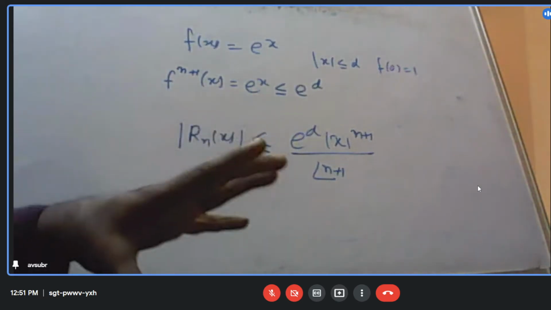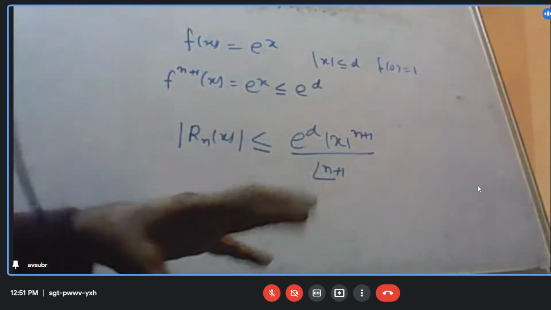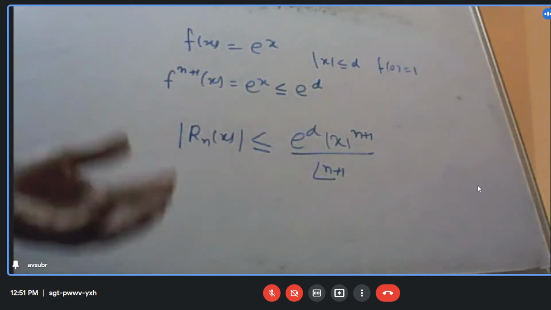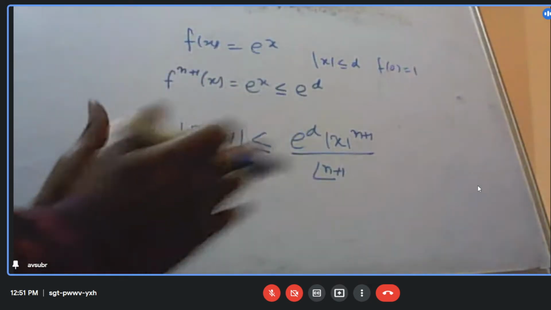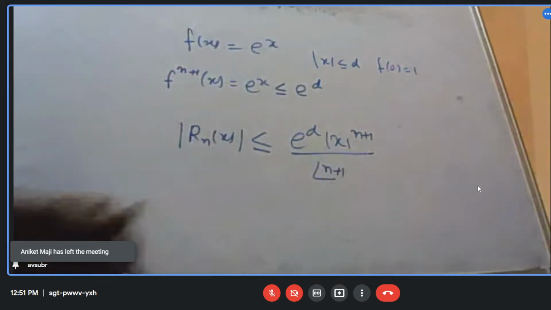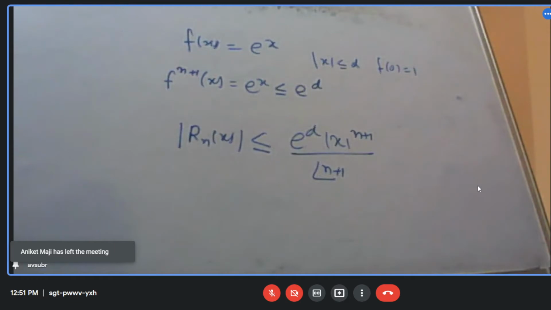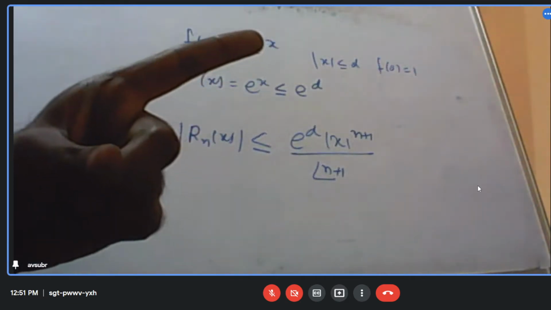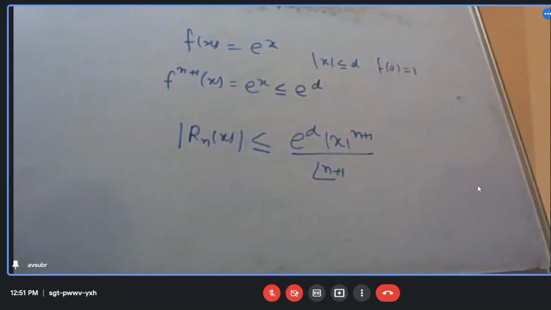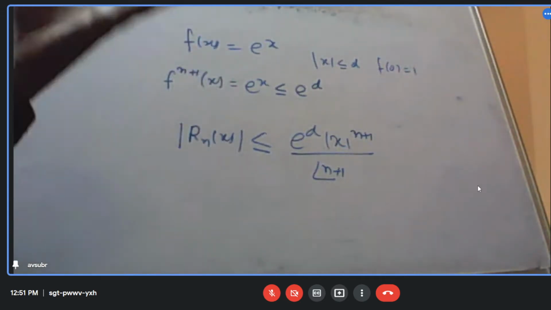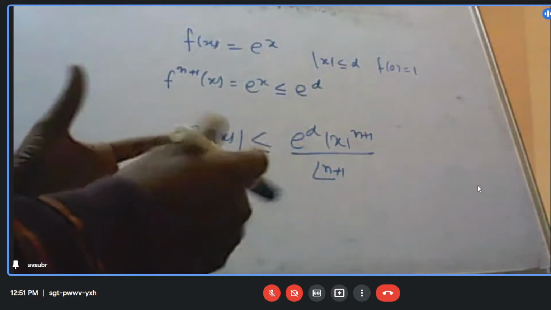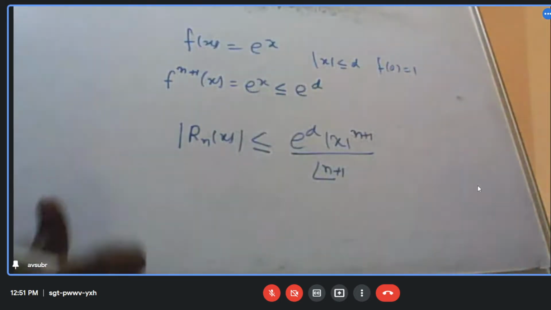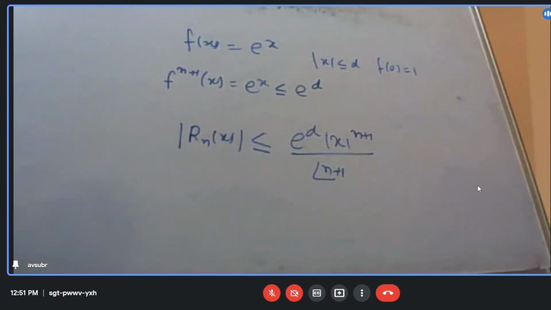So it will depend upon how much error we can tolerate, and depending upon that we can find out after how many terms we have to terminate the series. Whatever the error, that error we have absorbed, and that is what our approximation will be. I hope it is clear.